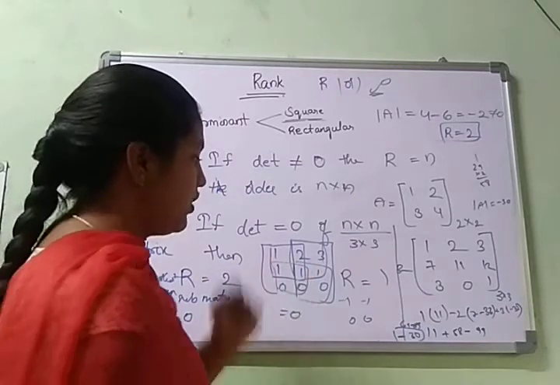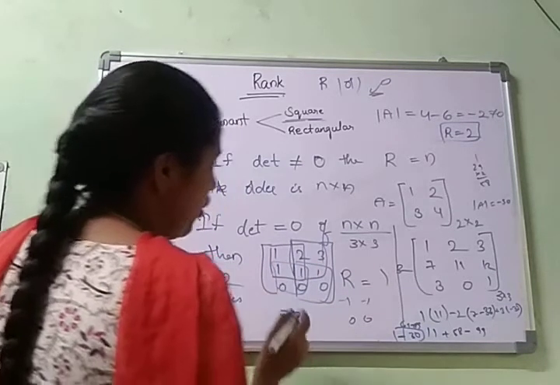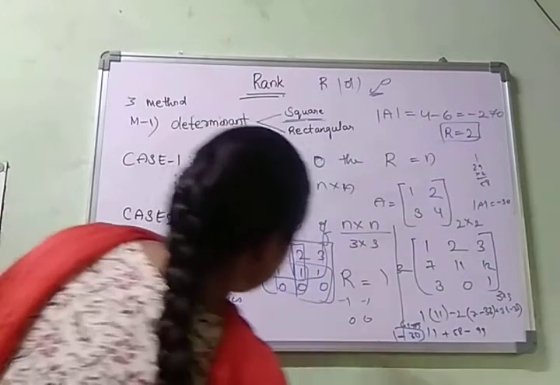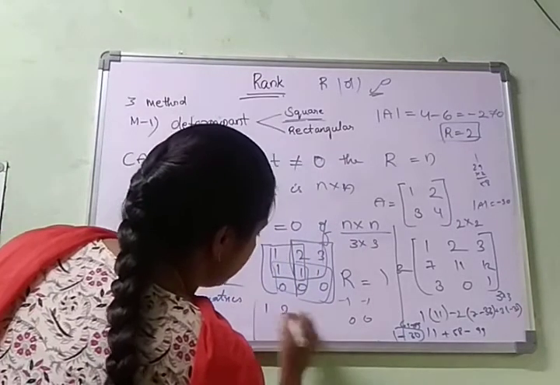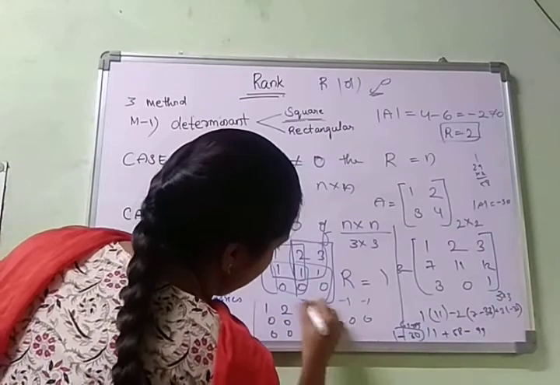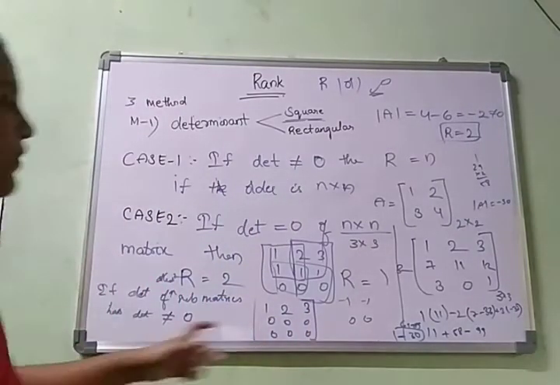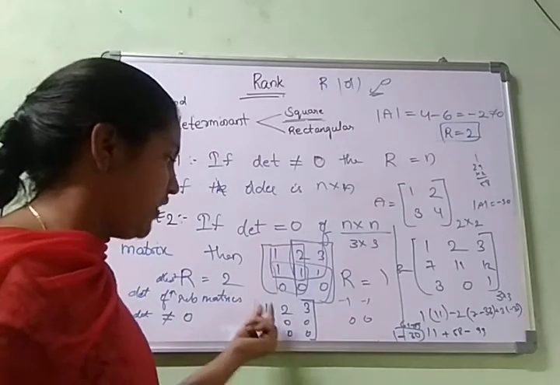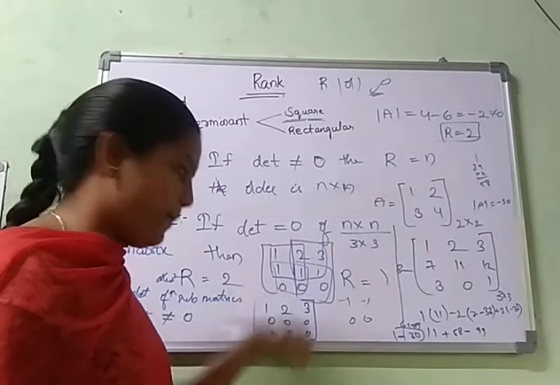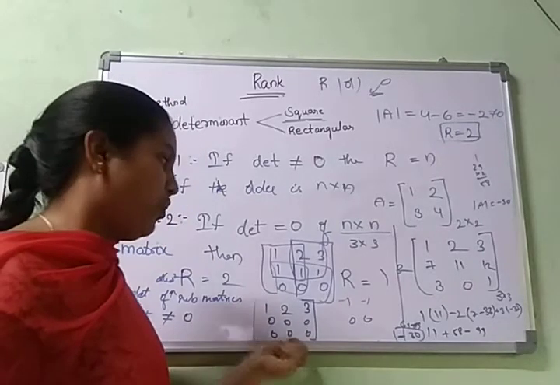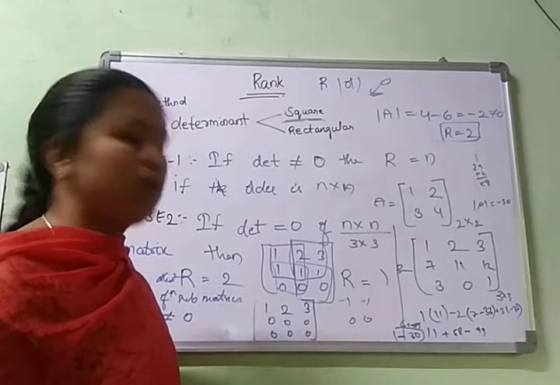I think so. Suppose the matrix is 1, 2, 3, 0, 0, 0, 0, 0, 0. If you find the determinant, you'll get 0, and if you find the determinants of the 2 by 2 submatrices, you will also get 0. So in this case, the rank is equal to 1.